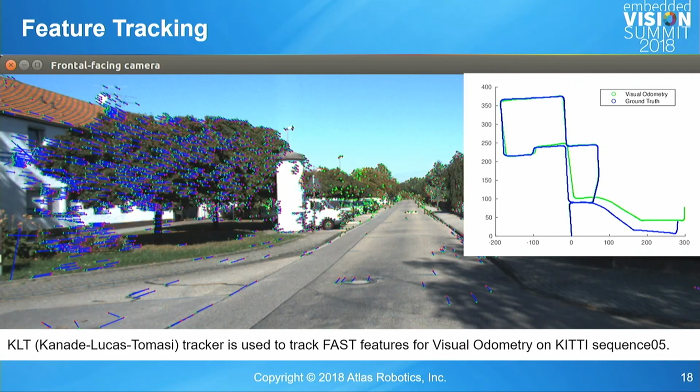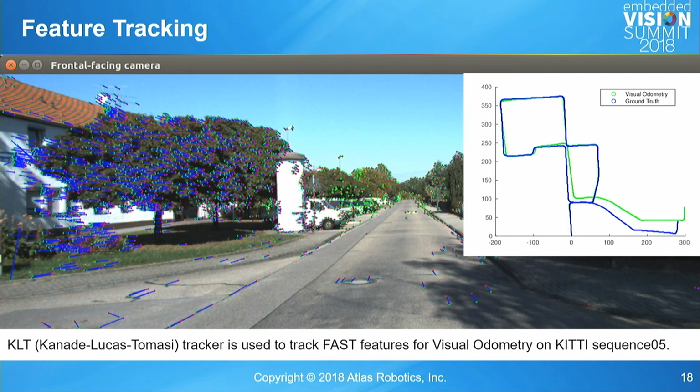Another example of picture tracking is frame-by-frame visual odometry. Visual odometry is estimating the odometry of a moving object just by analyzing images on that object. What I did here is I used the FAST pictures, which is another picture extraction algorithm.